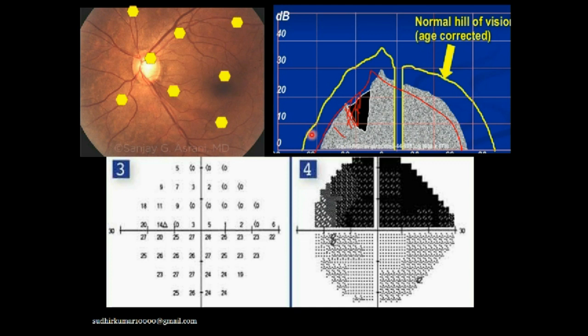Here we can see that the hill of vision of normal people is higher than this particular patient. So we can conclude that this particular person has lesser sensitivity of the retina when compared to normal people of the same age.